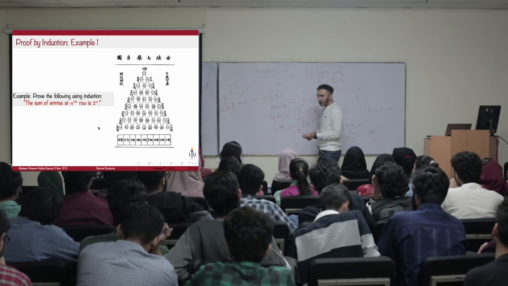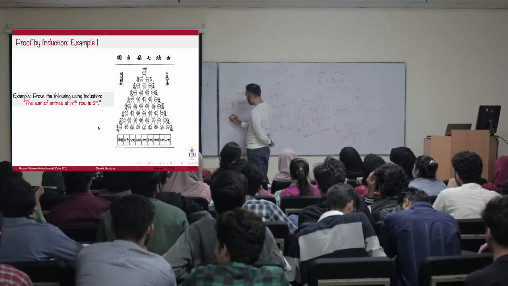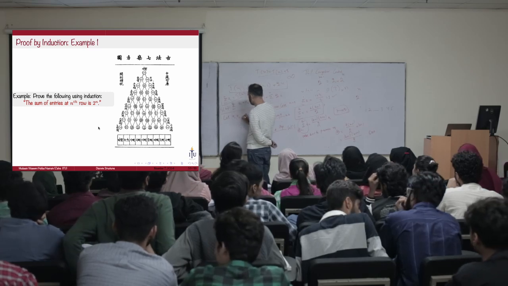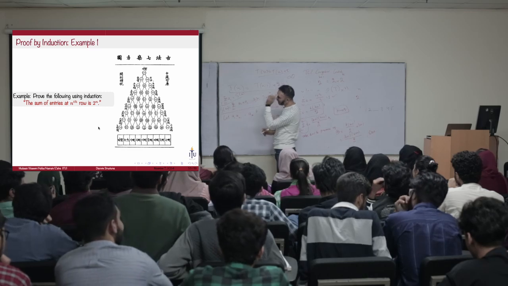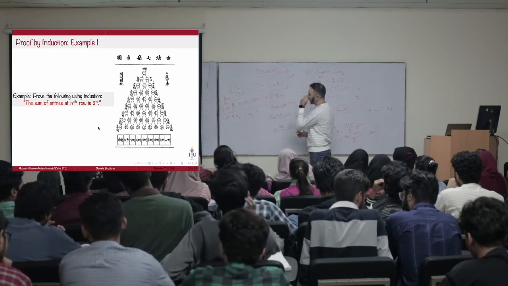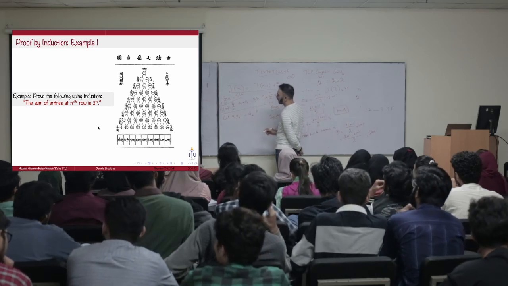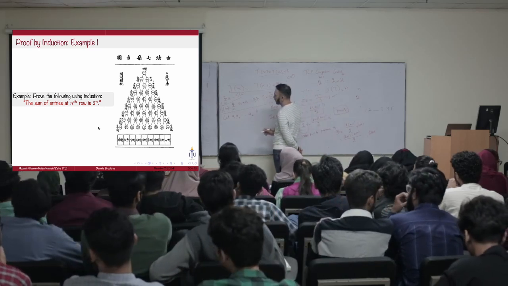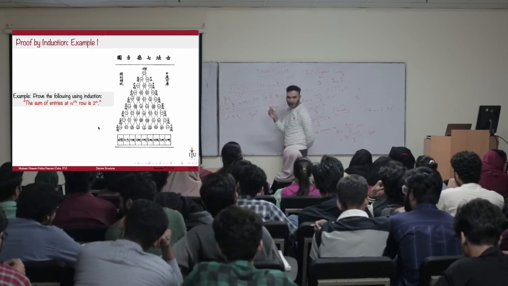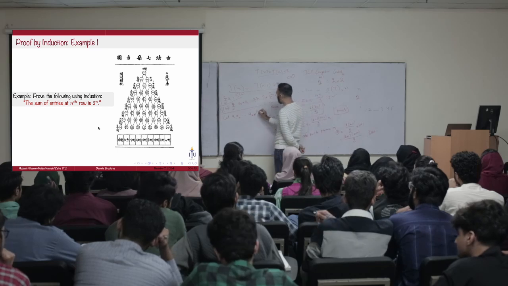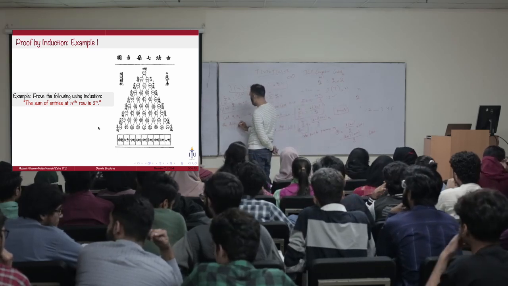So let me write the formal proof here. Let a_0, a_1, up to a_k plus 1... क्योंकि वो n को 0 से start करें. Be the list of entries.